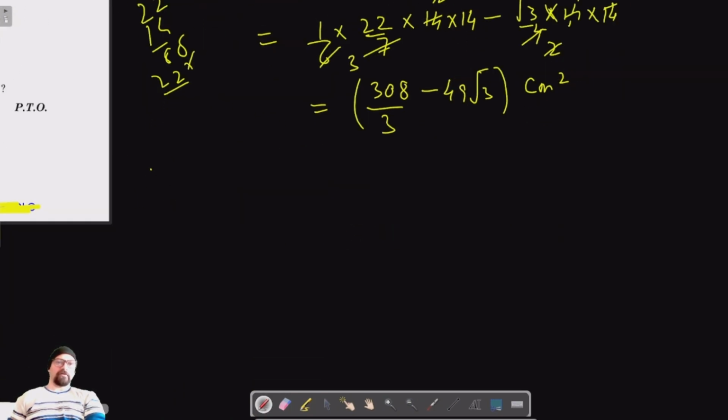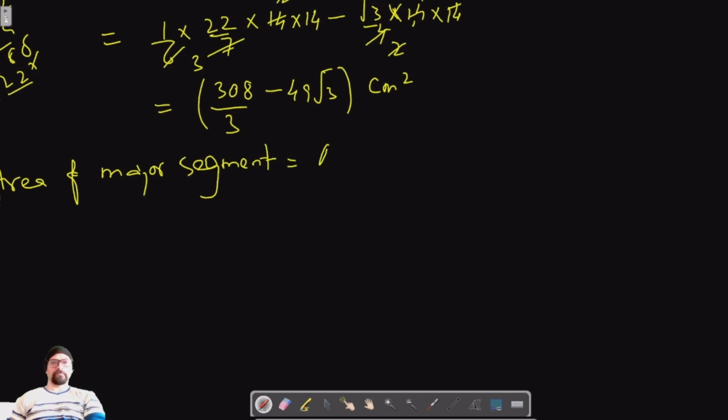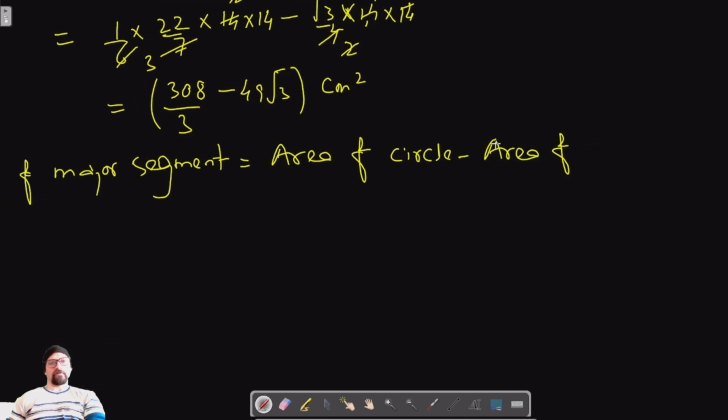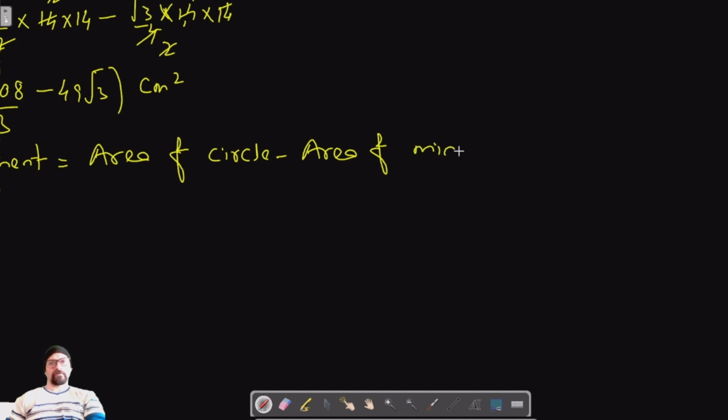And let's find out the area of the major segment, which should be the area of circle minus area of minor segment. So area of major segment is equal to area of circle minus area of minor segment.